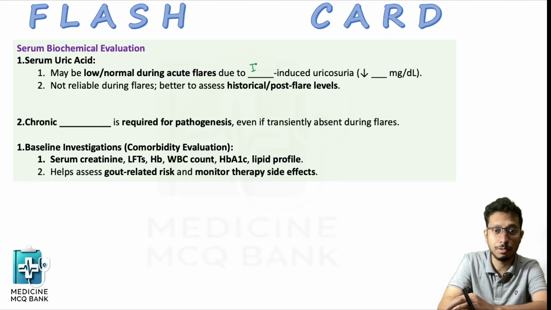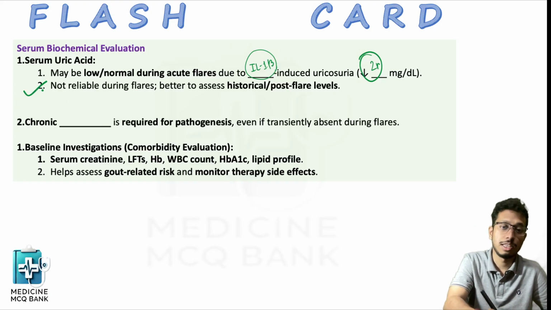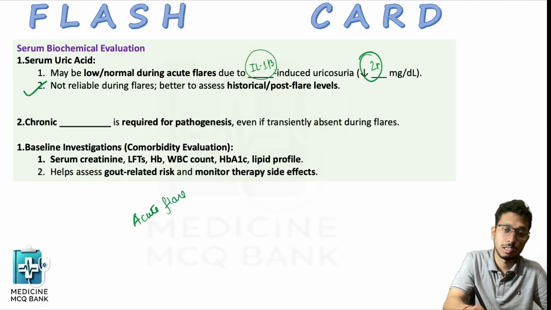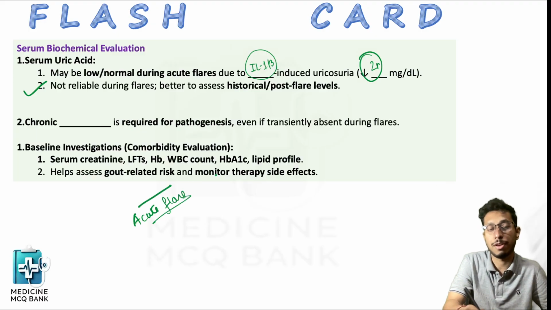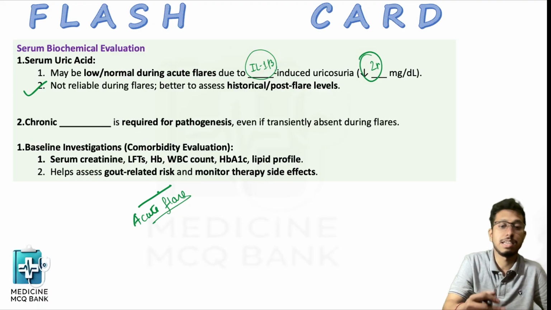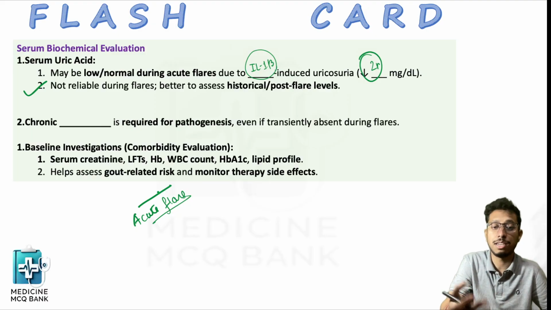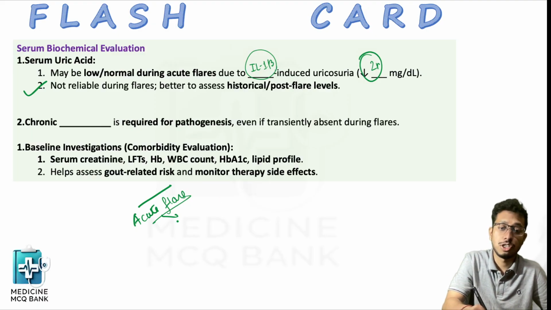It is interleukin 1 beta induced uricosuria, and it can go down by 2 milligram per dL. Not reliable during flares, better to assess historical and past flare levels. That's why in case of acute flare, it's better not to go for uric acid level. If you're suspecting gout clinically and your score is going above 8, eyes closed, you start treatment straightaway.